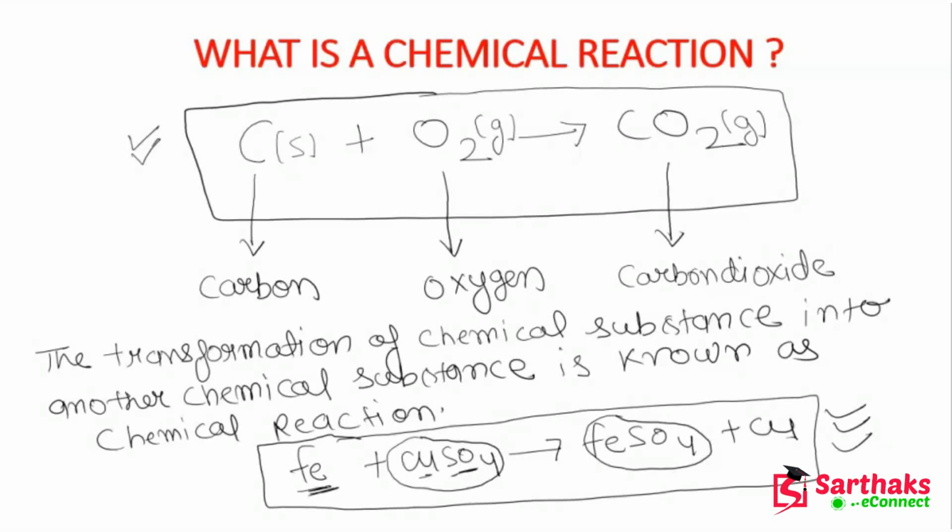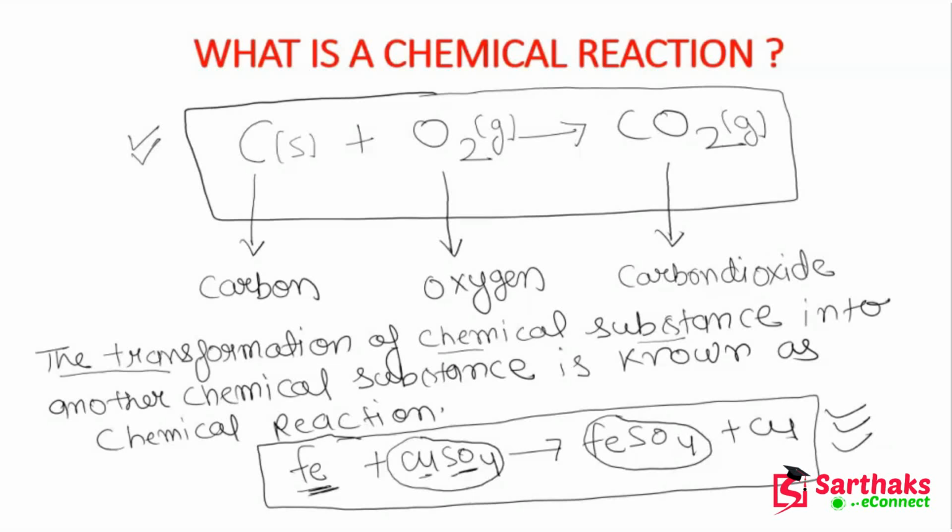They both are products. Okay. So what is a chemical reaction? The transformation of a chemical substance. Previously it was copper sulfate, but now after the reaction it becomes iron sulfate.